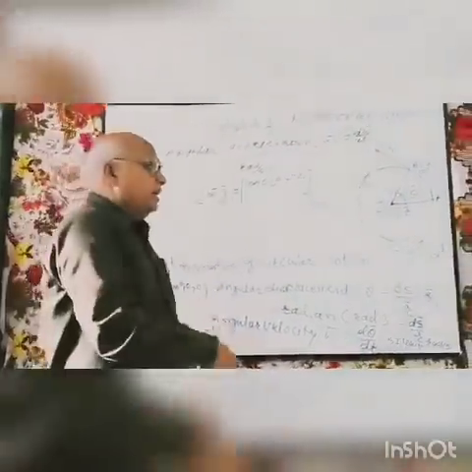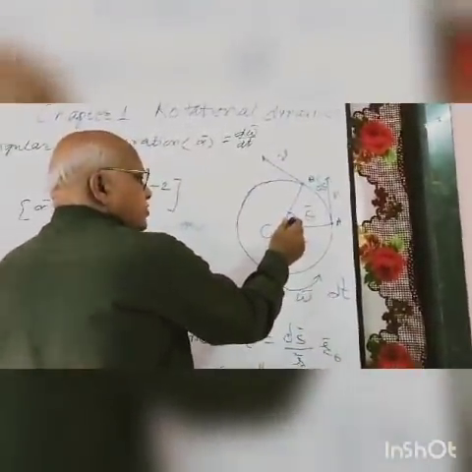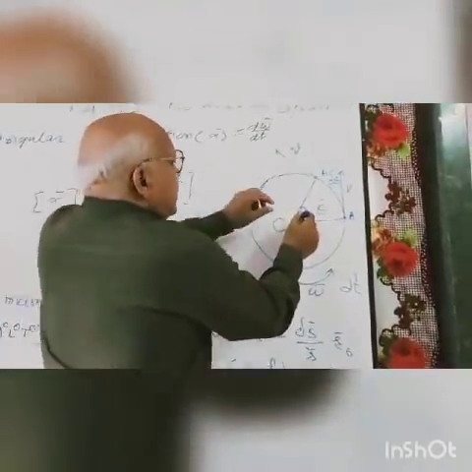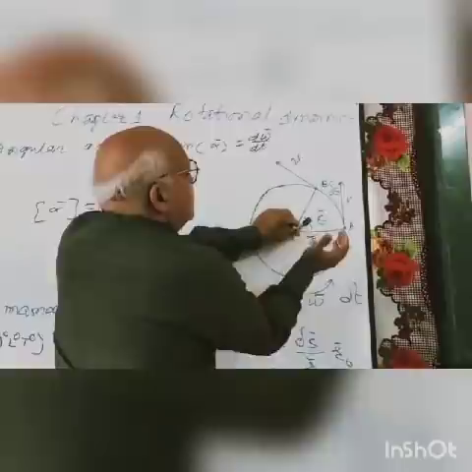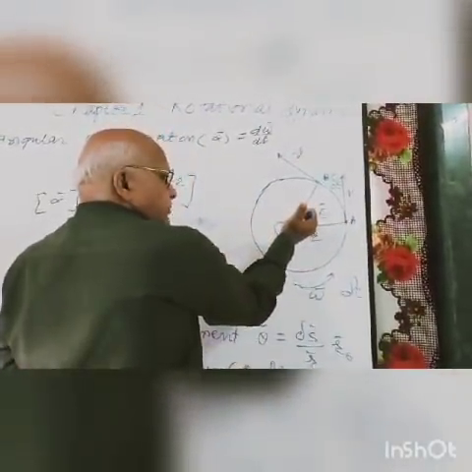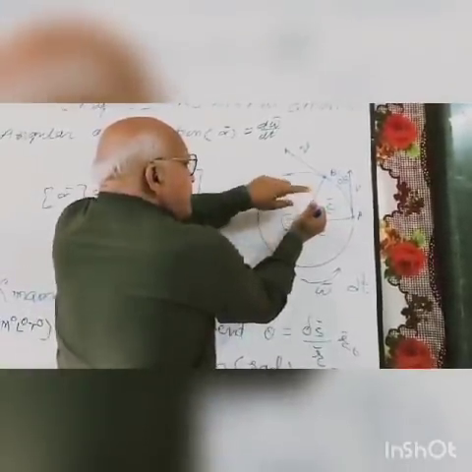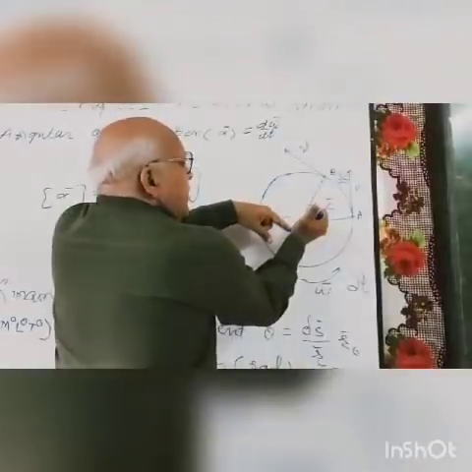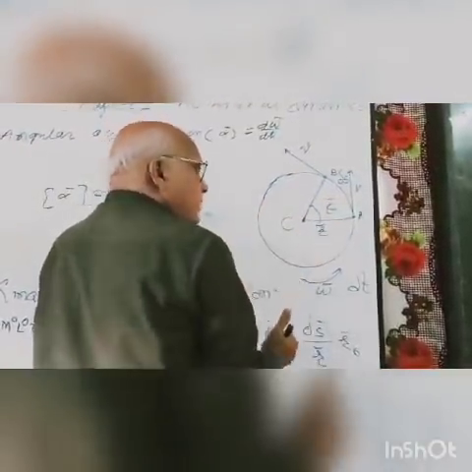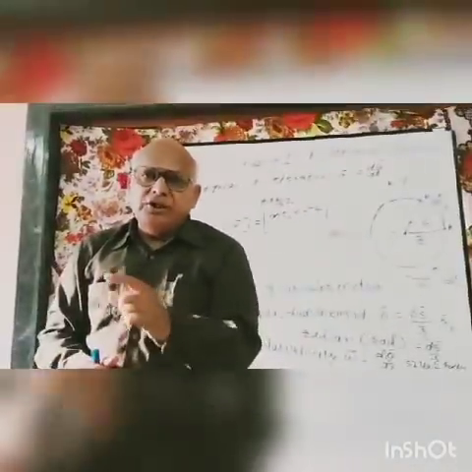For example, this is the axis of rotation. This axis of rotation passes through the center of the circle and is perpendicular to its plane. If I hold the right hand in such a way that the fingers are curled and the thumb is outstretched, the curled fingers give the sense of rotation of the body and the outstretched thumb gives the direction of the vector. It means these vectors are along the axis of rotation.